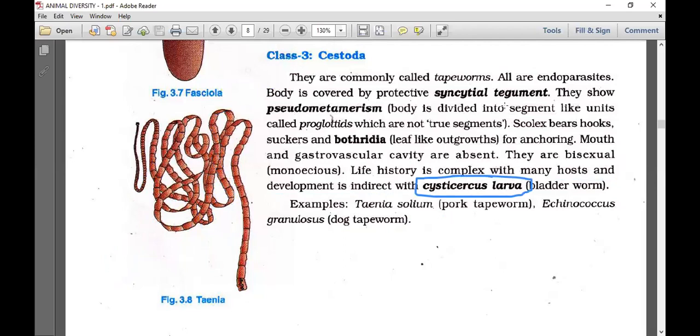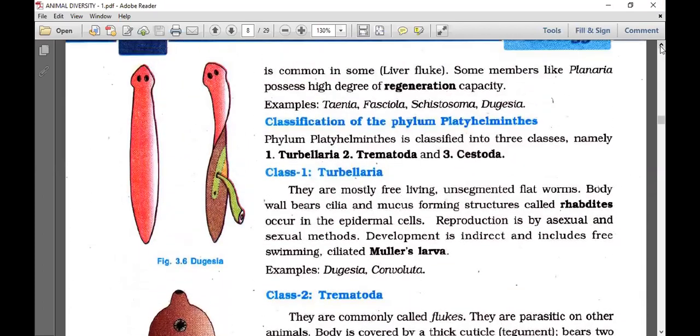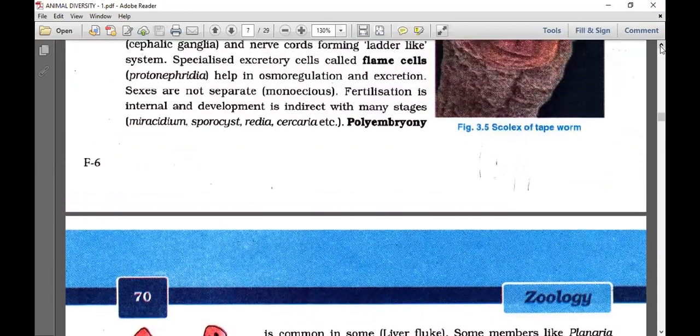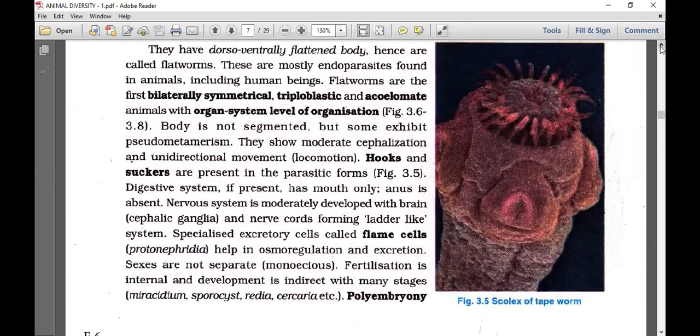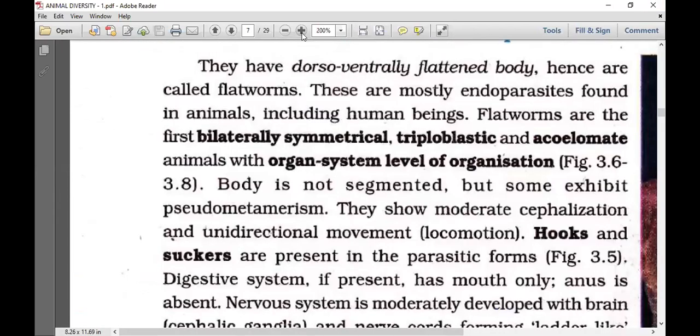Cysticercus larva. There is wide diversity in the three classes: Turbellaria, Trematoda, and Cestoda. All of them have great diversity. So that is it for these three classes of the phylum Platyhelminthes. This is the tapeworm.